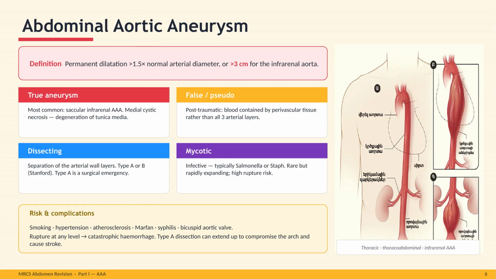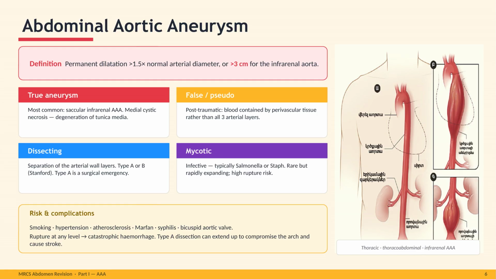Dissecting aneurysm, a separation of the arterial wall layers, classified by Stanford as type A, involving the ascending aorta, that is a surgical emergency, or type B, distal to the left subclavian, managed medically in the first instance. Mycotic, infective, classically with Salmonella or Staphylococcus, rare but high rupture risk because they expand quickly.